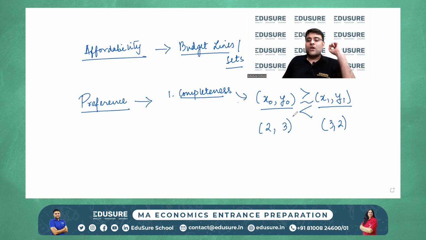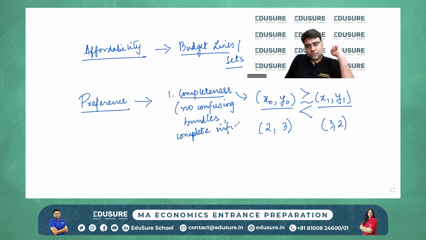So there is always complete information. You can also call this no confusing bundles, or complete information about all the bundles possible out there in the market. So the property of completeness is something that we will expect a consumer's preference to have.